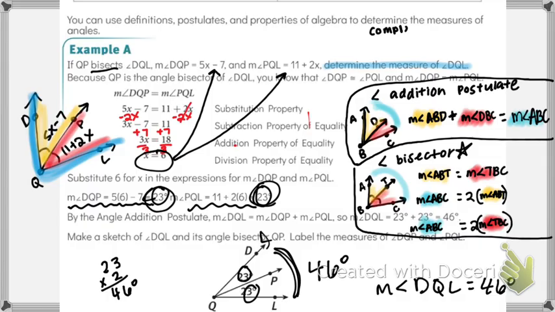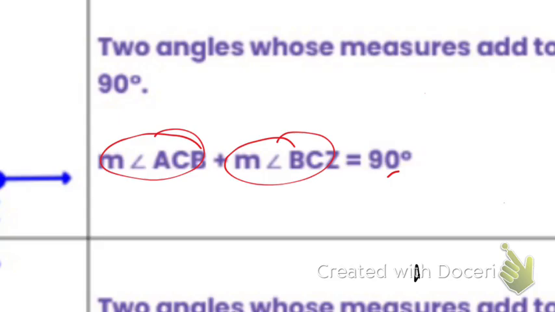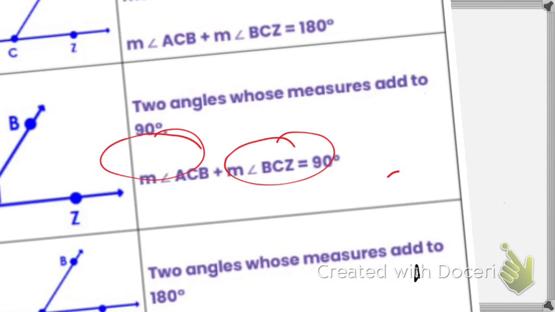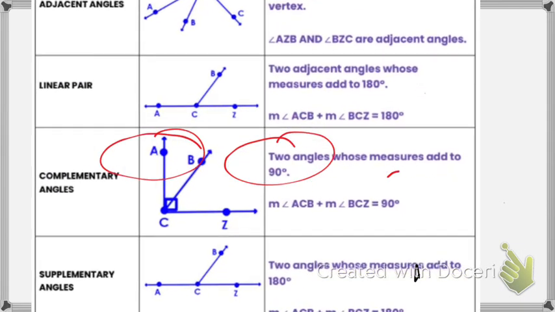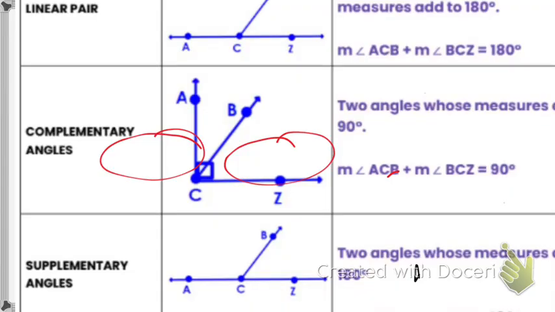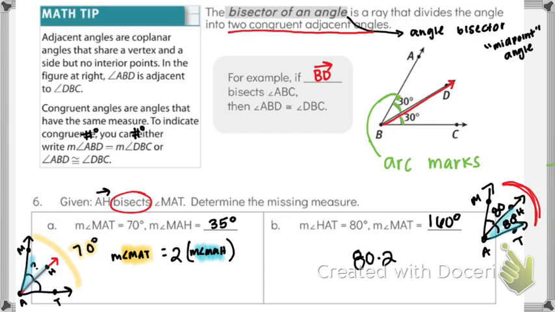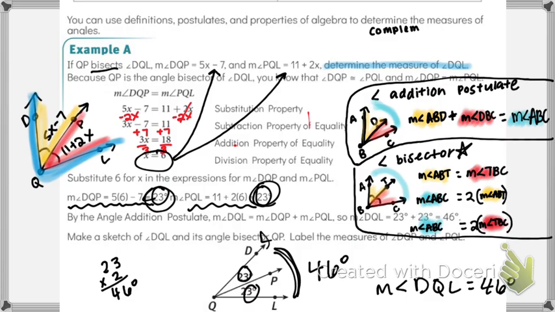So complementary. And we're going to be looking at this setup right here for our complementary, okay? And then I would just do angle, let's just do angle plus angle equals 90.